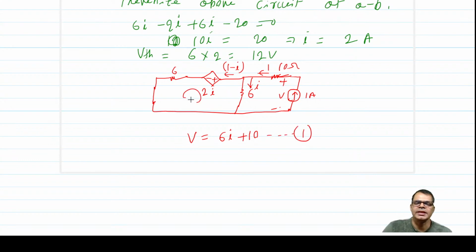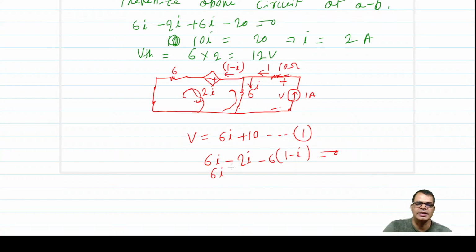Now apply the KVL around, because there are two variables, we need two equations, so we need to eliminate one. So apply the KVL through this. This is your traverse. So 6I, this way I am traversing. 6I minus 2I, current is flowing in this direction, minus 6 into 1 minus I equal to 0.